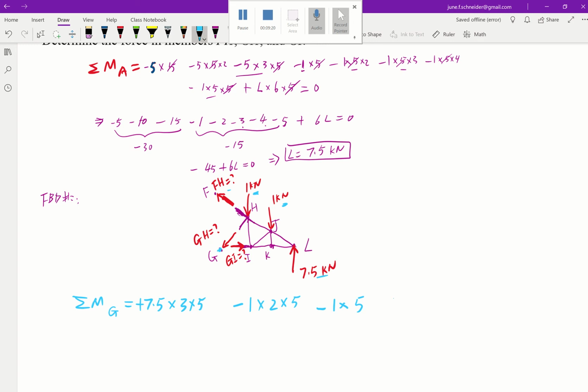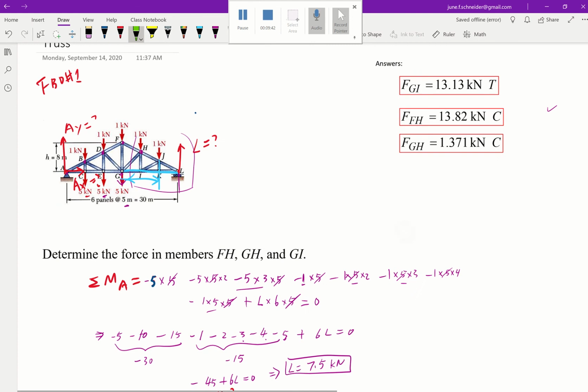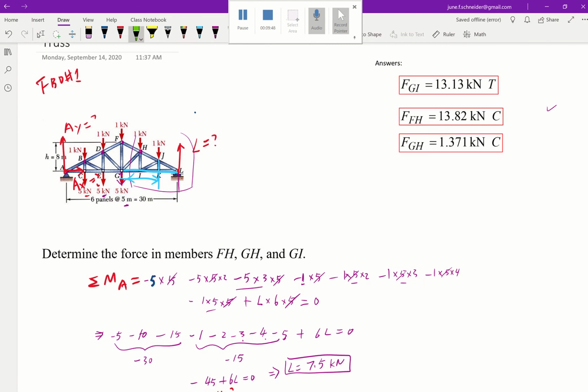So our FH is at an angle, and we're rotating about G, so we need to decompose it first, right? If I were to decompose this force FH, that's going to be my y component and x component. And we need to know the angle or the geometry. Now let's take a look. If I were looking at the half of the truss, this is 3 panels down, so that'd be 15.